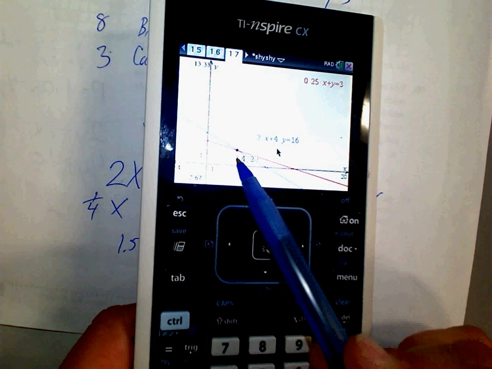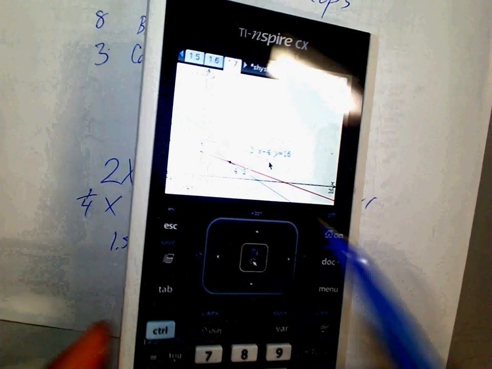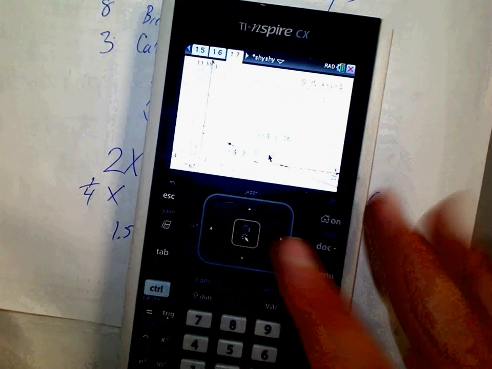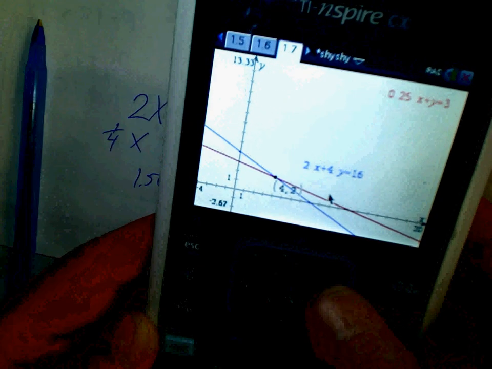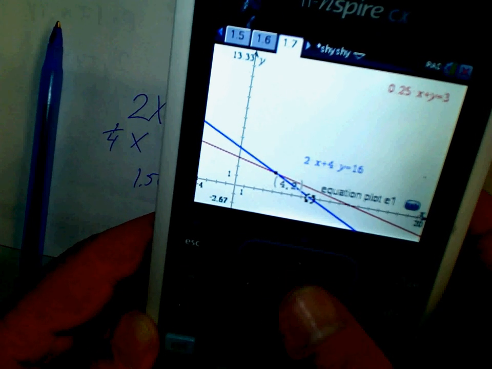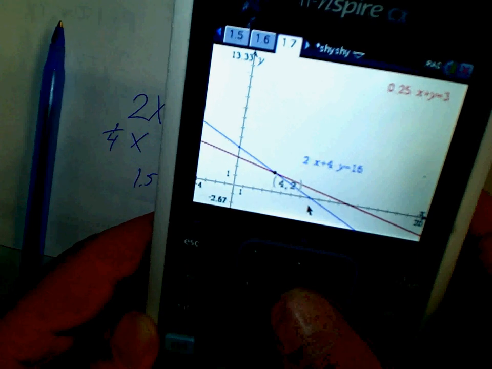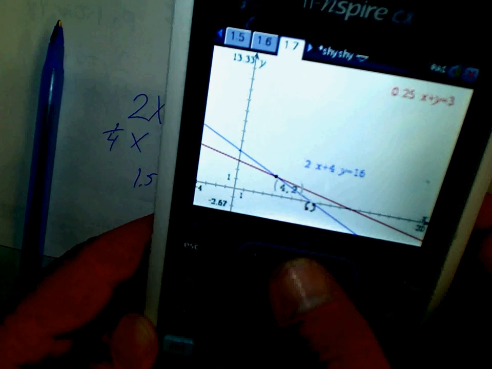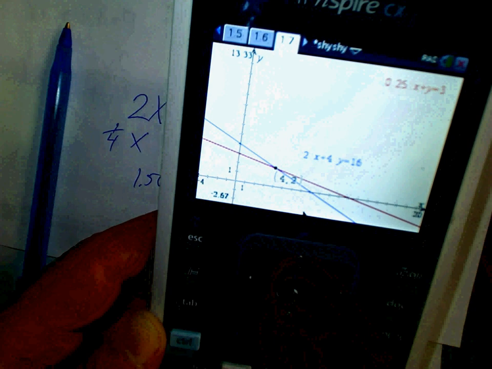These constraint equations also show you how you would be bound right here. What is that? 8. I think this blue one is the 2x plus 4y.